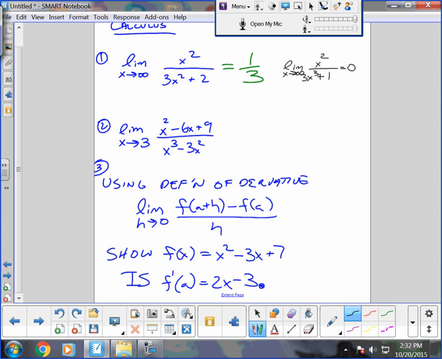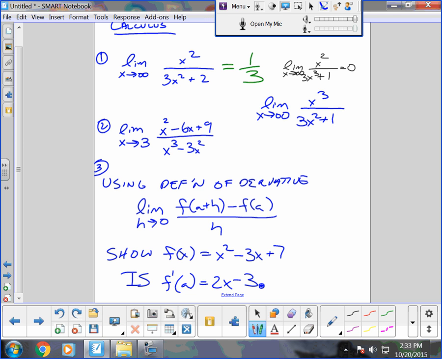Alright, and lastly, guys, if I do it the other way, x goes to infinity of x cubed over 3x squared plus 1. Guys, there you see that. On the black one I changed them.